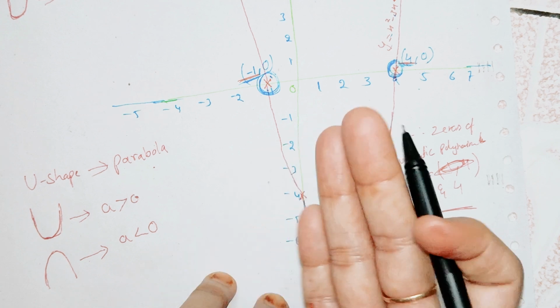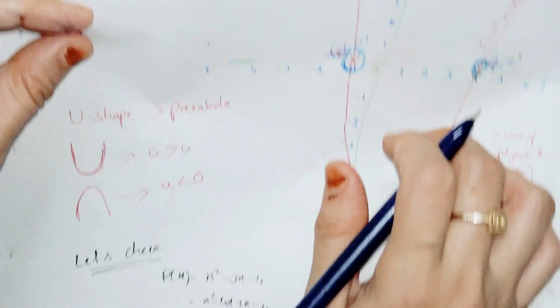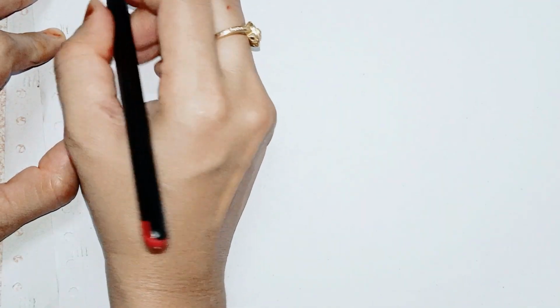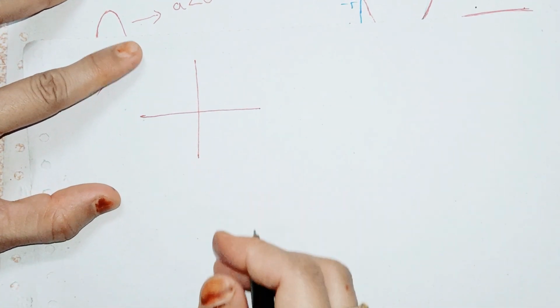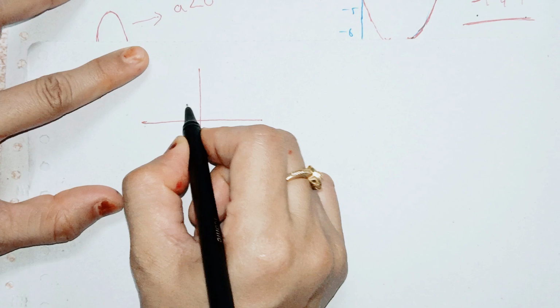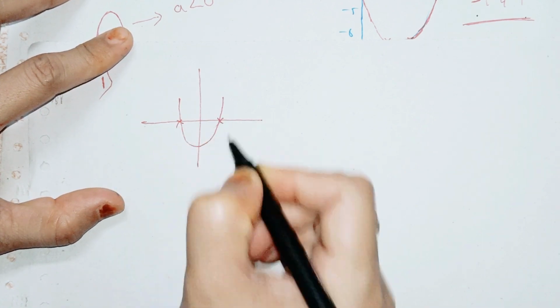Sometimes you will get no zero, sometimes you will get 1 zero also. Here you have 3 cases. First one is, suppose this is your graph. You got this type of parabola, where it touches at 2 points.